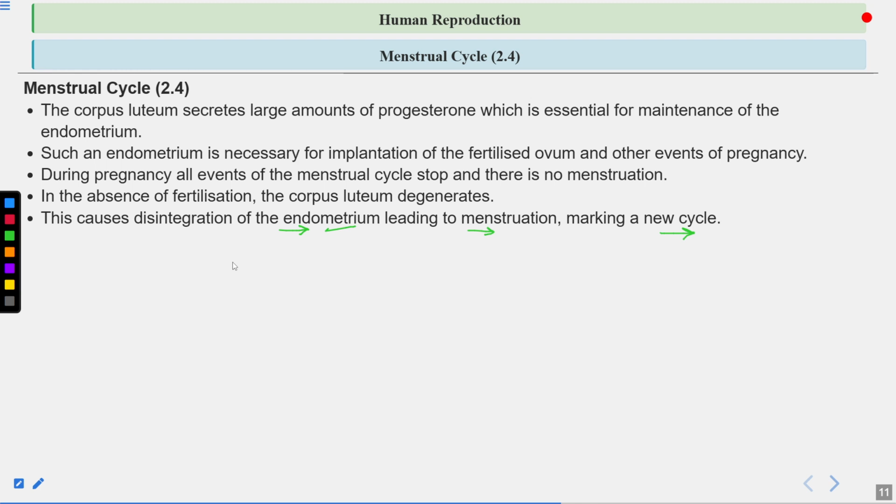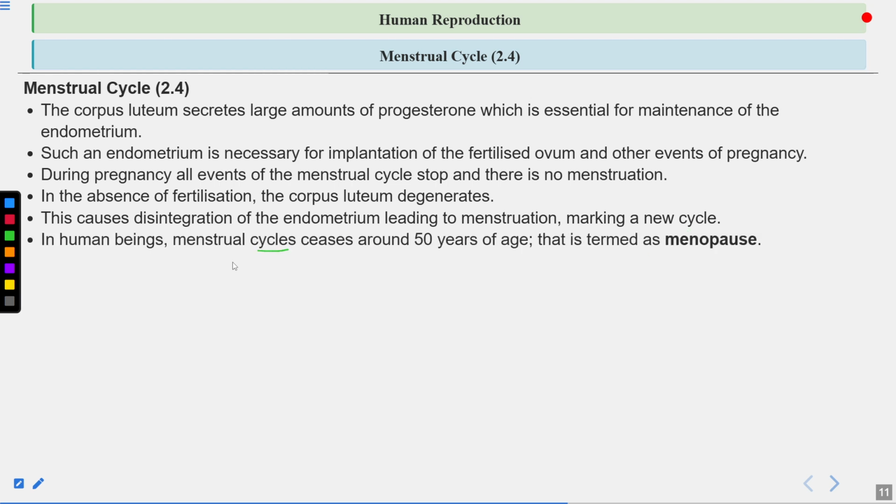So, each cycle is around 28 to 29 days, and one egg is released during each menstrual cycle. In human beings, the menstrual cycle ceases around 50 years of age, and this is termed the menopause. So, there is one major difference between spermatogenesis and oogenesis.